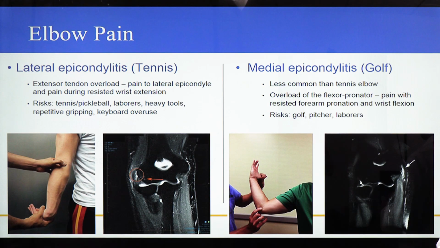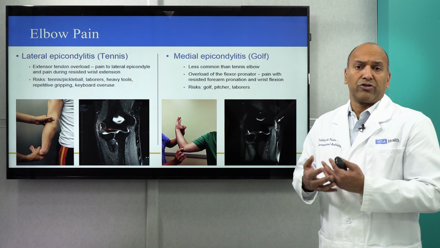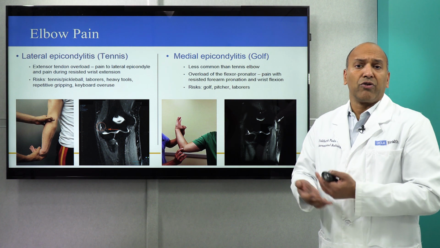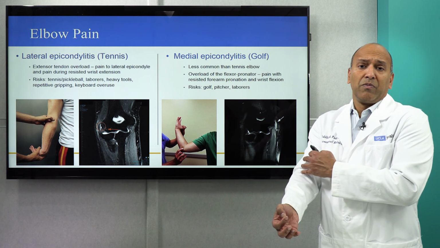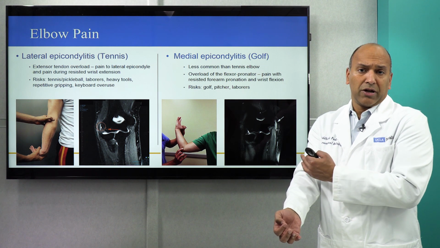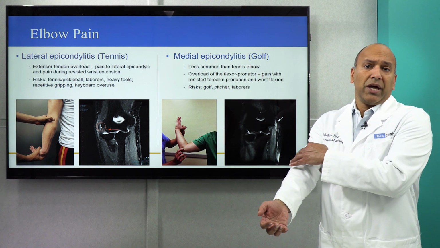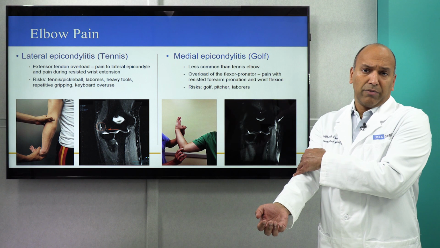Now, when we talk about elbow epicondylitis, there are two forms. One is on the outside of the elbow, also known as tennis elbow. One is on the inside of the elbow, also known as golfer's elbow. Both of these are associated with repetitive activities. So for example, in tennis elbow, of course it's related to tennis, but more commonly we are seeing people playing pickleball present with tennis elbow, pain on the outside of their elbow joint.